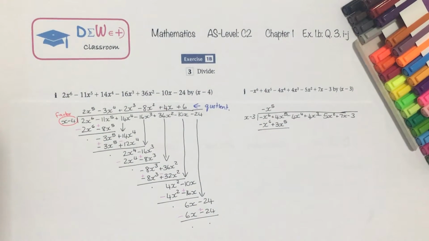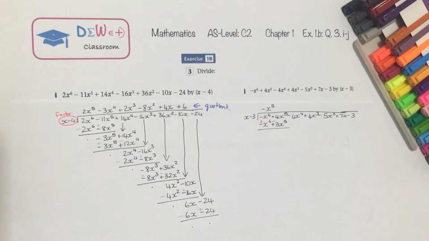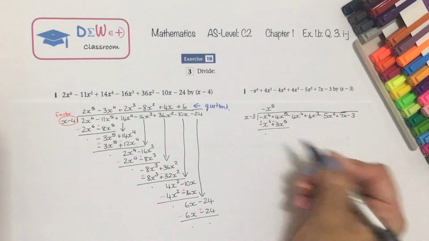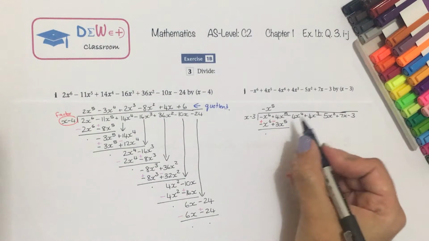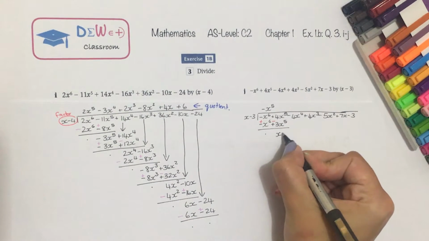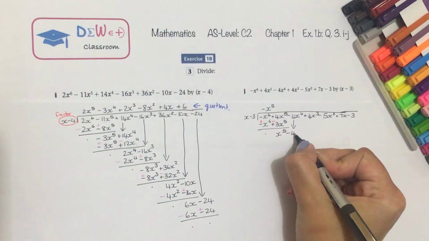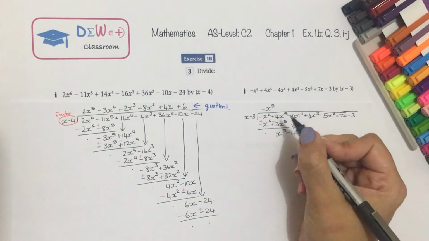Then we need to subtract them. So in order for us to subtract them, we change the signs. And then we have minus x to the power of 6 plus x to the power of 6 is 0, plus 4x to the power of 5 minus 3x to the power of 5 is x to the power of 5. We bring down minus 4x to the power of 4, and we start the division process again.